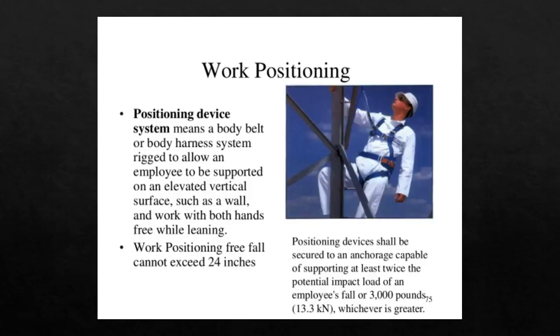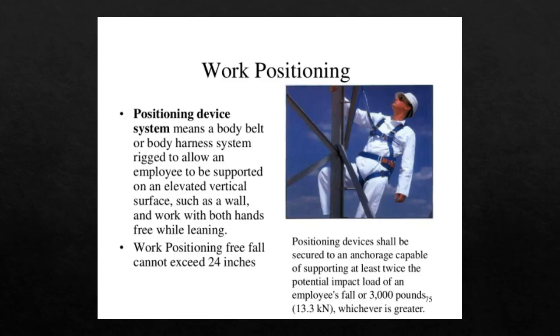Positioning device systems are things that you often see in scenarios such as window washing. These are where you have a body belt or body harness system which is rigged to allow an employee to be completely supported on an elevated vertical surface such as a wall and work with both hands free while they're leaning.